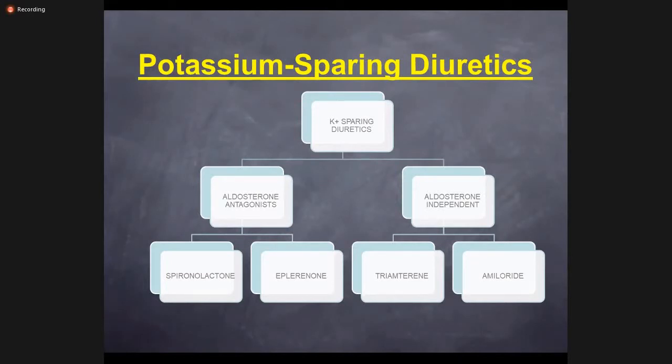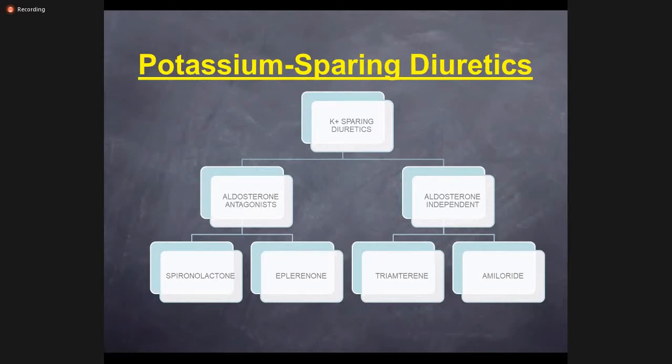And why we label loop diuretic as a powerful diuretic, this concept we have already discussed, because around 25 to 30% of the sodium is reabsorbed in the thick ascending limb of loop of Henle. So if we inhibit this reabsorption of sodium, sodium is going to be accumulated in the thick ascending segment, and this solute will catch water from inside to outside into the lumen.